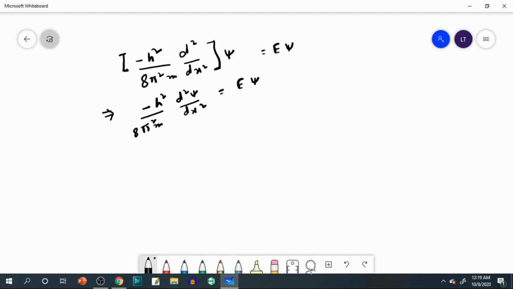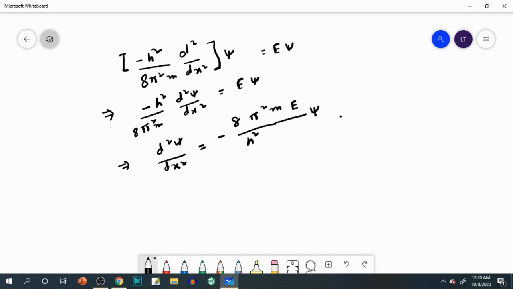Now if you rearrange this equation, d2 psi by dx2 will be equal to minus 8 pi square m by h square, into E psi.